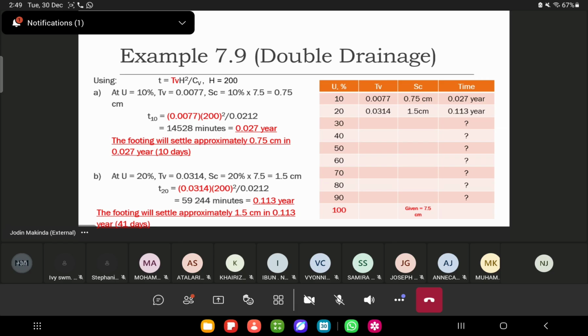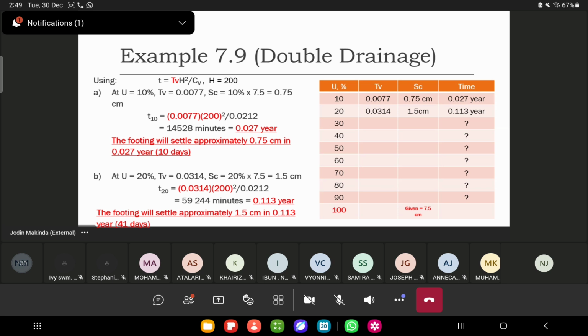If you repeat the calculation for 20%, you can see the time factor is 0.0314, from the equation, or from the table, or from the figure. And then Sc is 20% of the total, so 1.5.